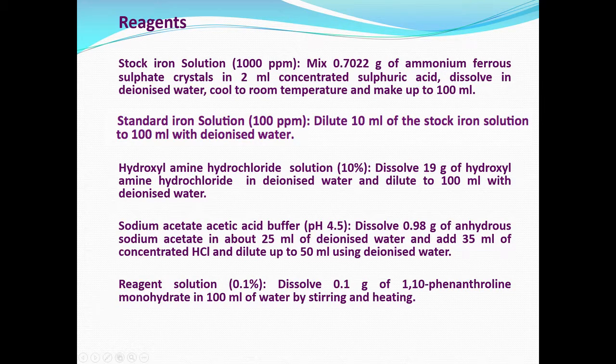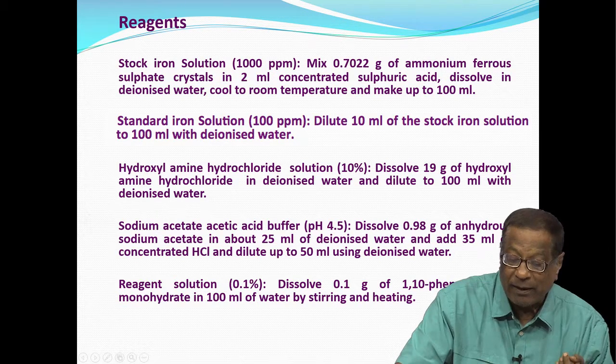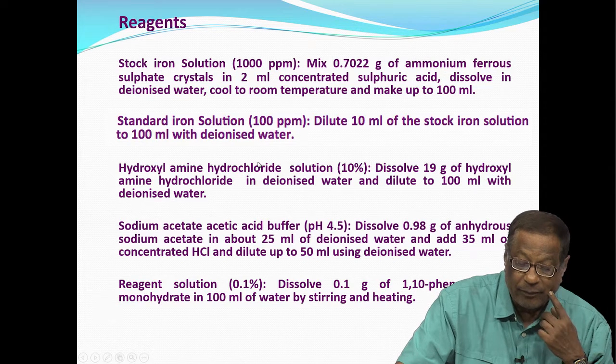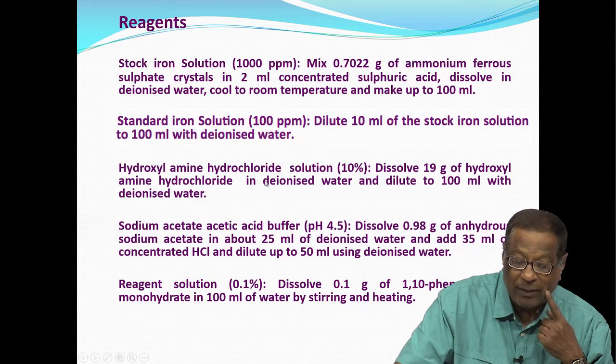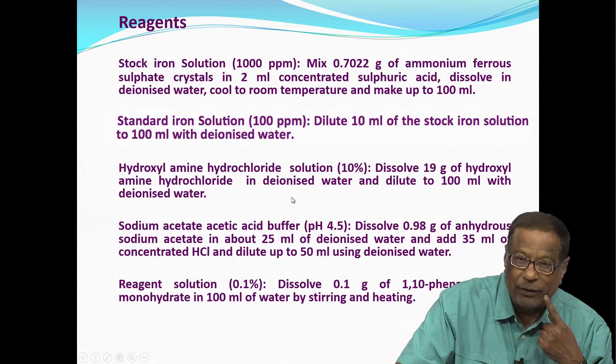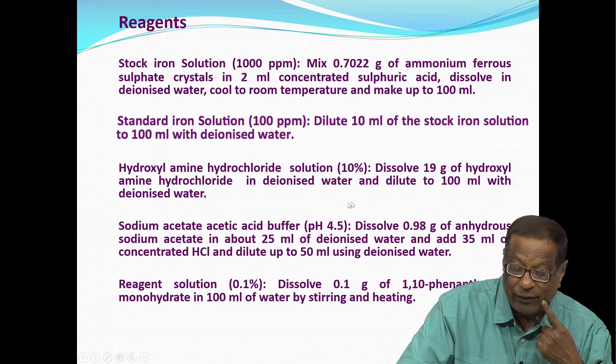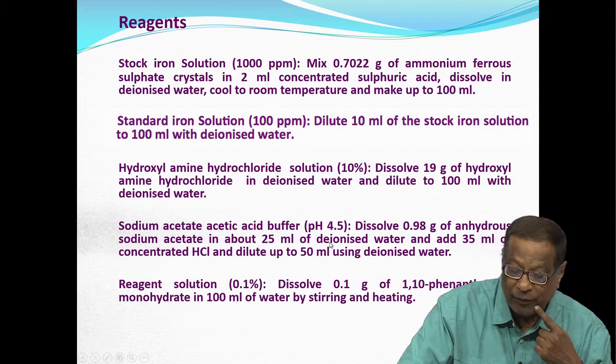And for the standard iron solution, we have to prepare about 100 ppm. Hydroxylamine hydrochloride we will need to reduce ferric to ferrous, so that concentration I have given here. Then we have to prepare a sodium acetate acetic acid buffer of pH 4 to 4.5.